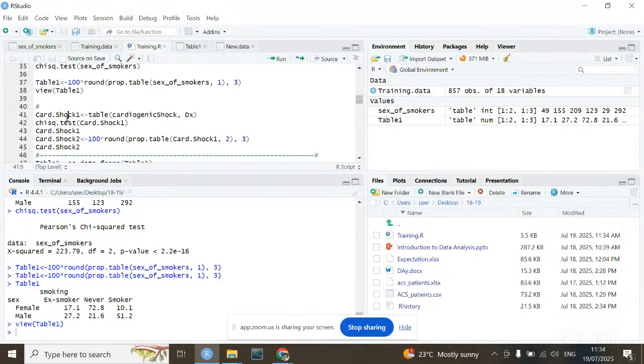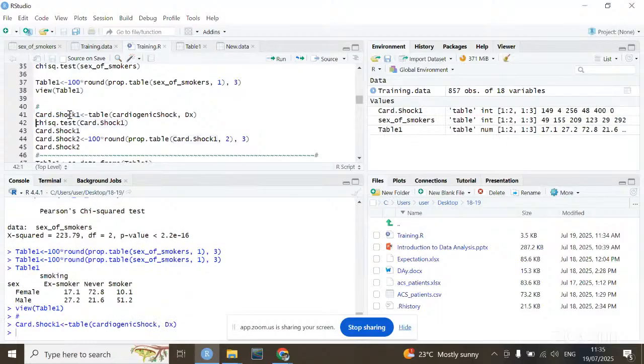So we also looked at the relationship between cardiogenic shock and the diagnosis. We created the contingency table using the function table, and we assigned it the name cardiogenic.shock.